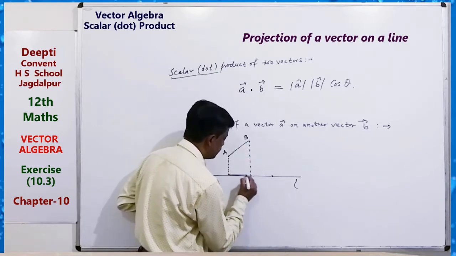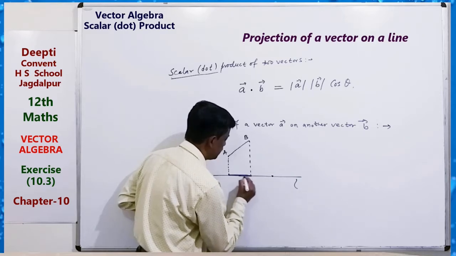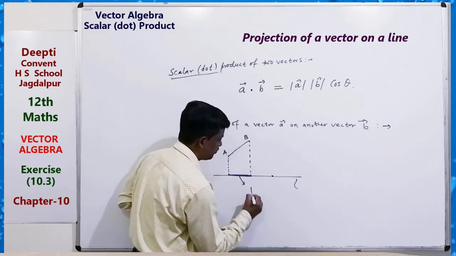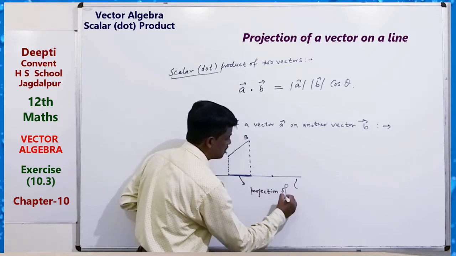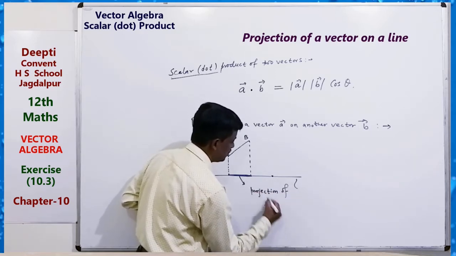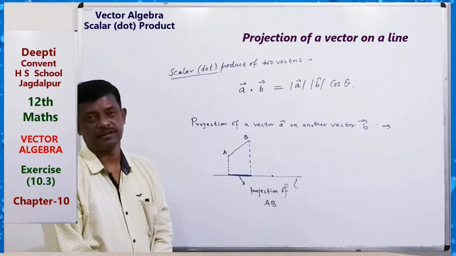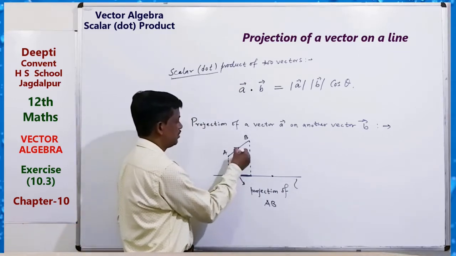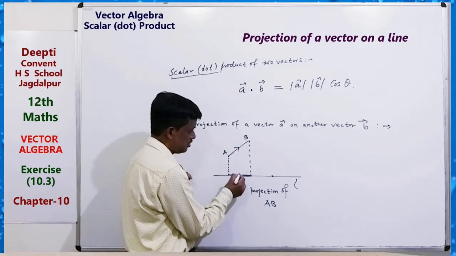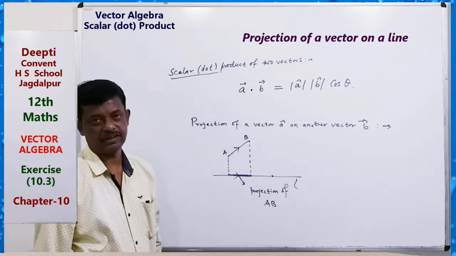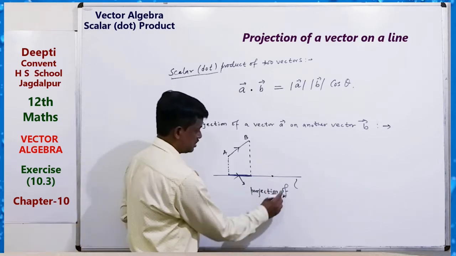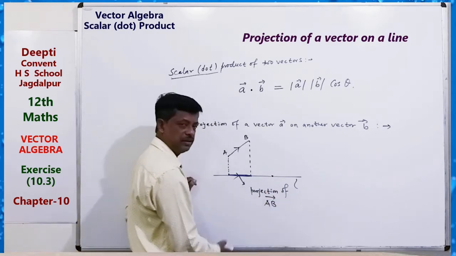This is the projection of AB. If this is a vector in this direction, then this is the projection of vector AB.